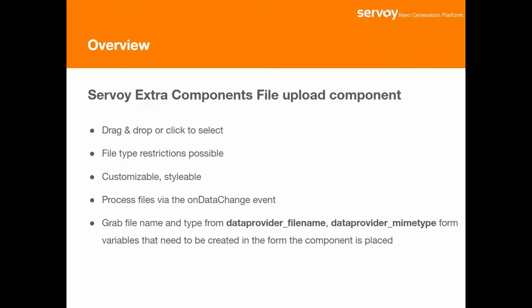And that one is maybe a bit hard to remember, but if you want the file name and the type, then you need to have two form variables with the data provider name underscore file name and data provider name underscore MIME type, whatever your data provider name is, and that will receive then after each upload the file name and MIME type of the file that was just uploaded.